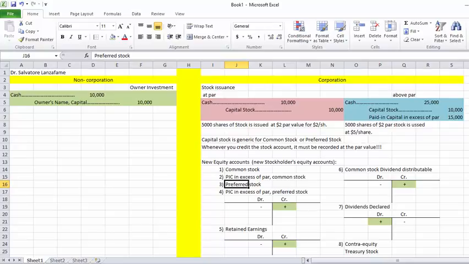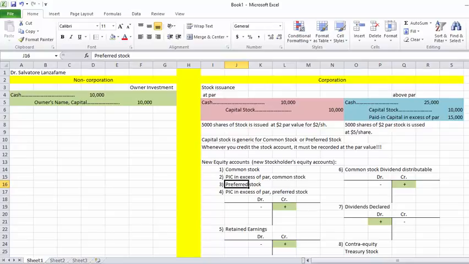And just a little FYI, this is fairly accurate. It might be off by a few percentage points, but typically only 25% of publicly traded corporations, basically only 25% of companies out there, I should say, have preferred stock.